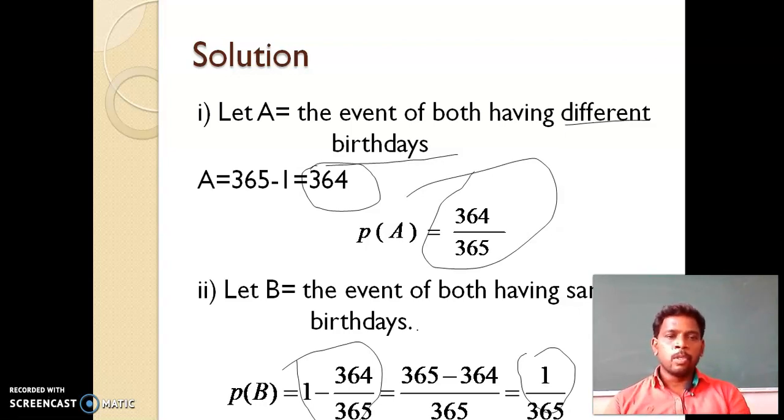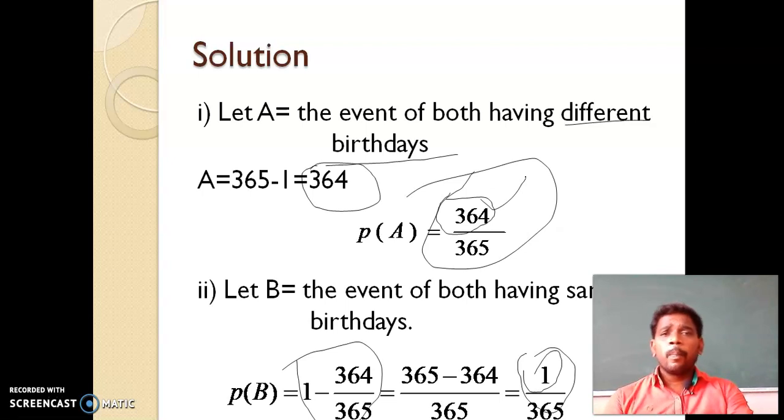They have the same birthday means only one day is favorable to both persons, so you take 1 as the numerator, so 1 by 365. They are different days means the second person's birthday may be one of 364 days, that's why it is in the numerator. So that is the solution for the second question.